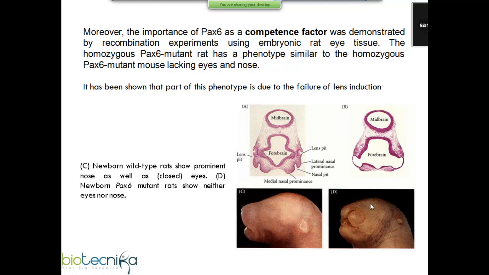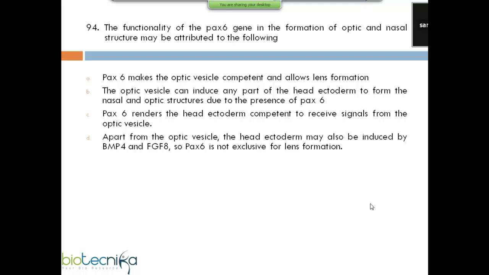Understood? Clear? So this is your question number 94 in your part C. The functionality of a PARC6 gene in the formation of optic and nasal structure can be attributed by the following: A, B, C, D. Which one do you feel?